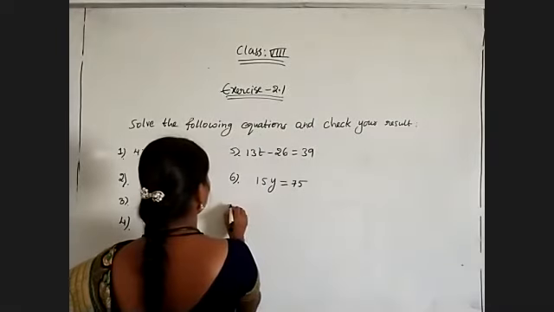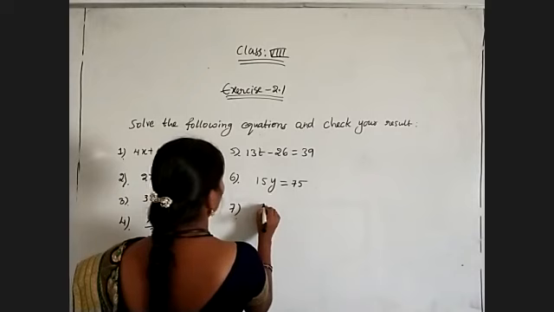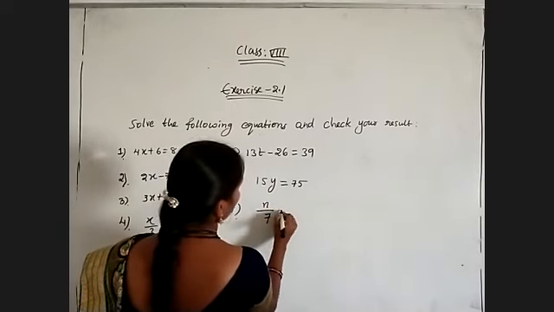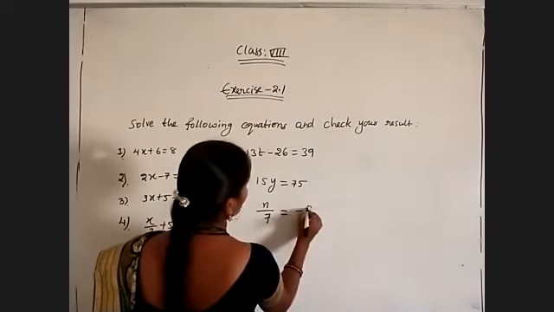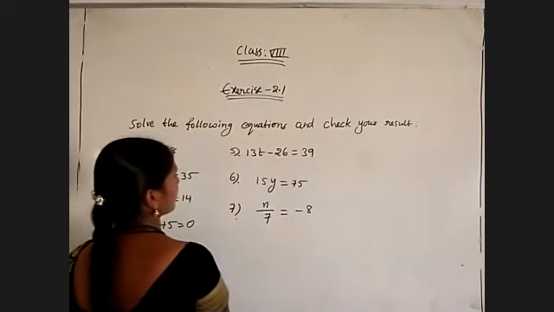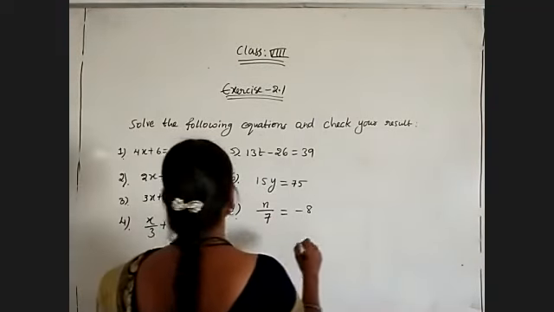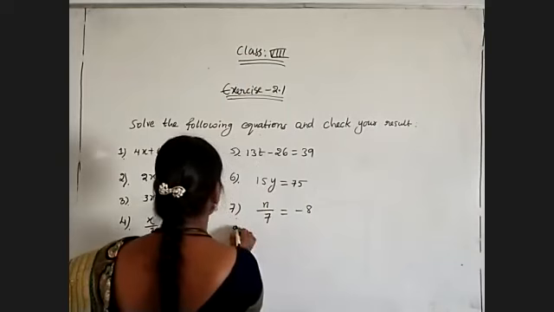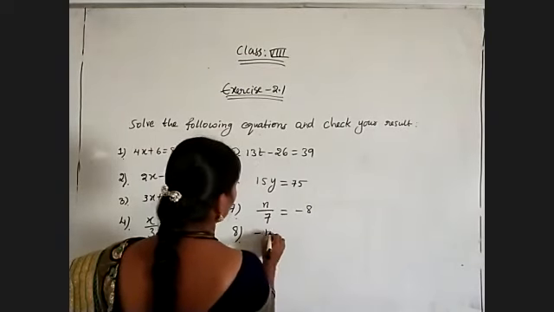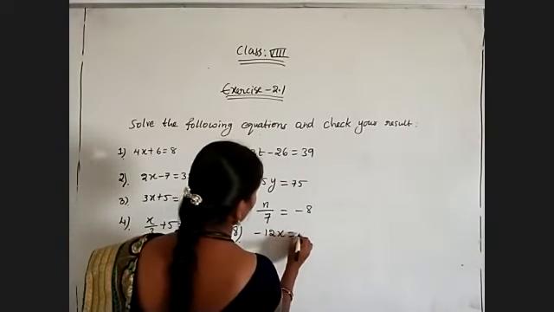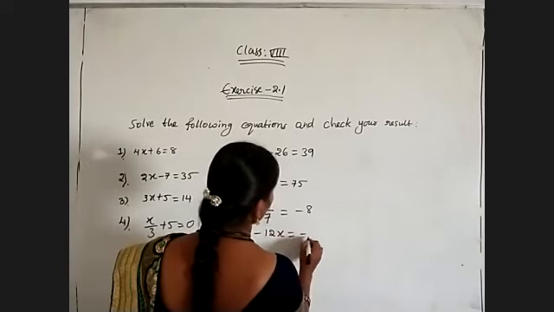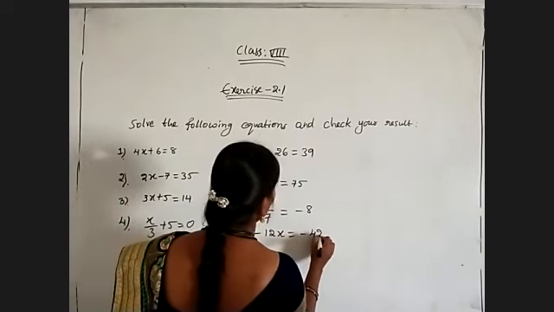And my next question is n by 7 is equal to minus 8. And the next, eighth question, is minus 12x is equal to minus 42.